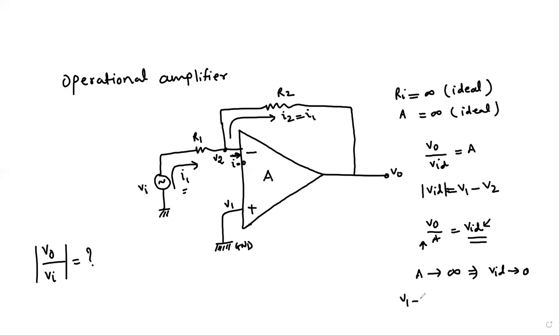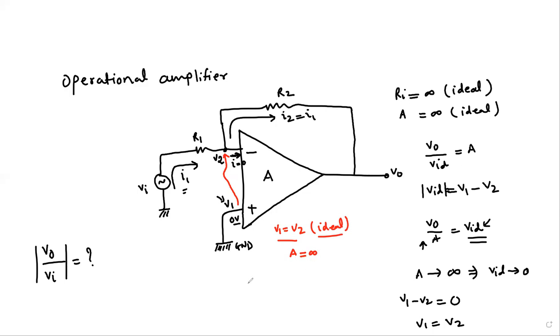It means V1 minus V2, the voltage difference, is equal to 0, and V1 would be equal to V2. Now V1 is connected to the zero potential, 0 volt here, so this voltage is also the voltage at this node. So V1 would be equal to V2, in the ideal case, because the gain is considered to be infinity.